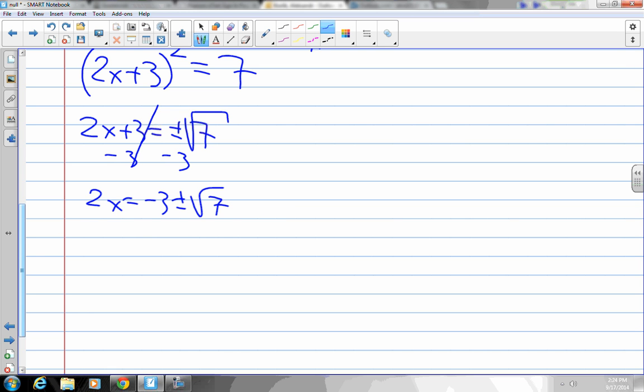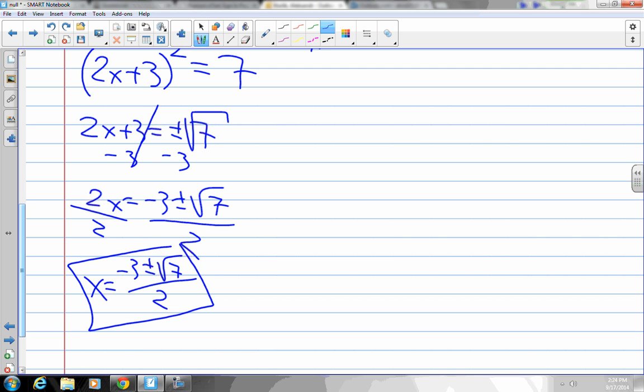And then divide both sides by 2. x equals negative 3 plus or minus square root of 7 over 2. Is that good? Same idea.